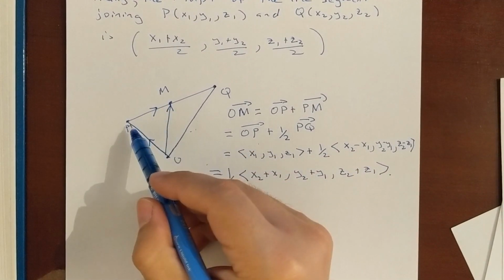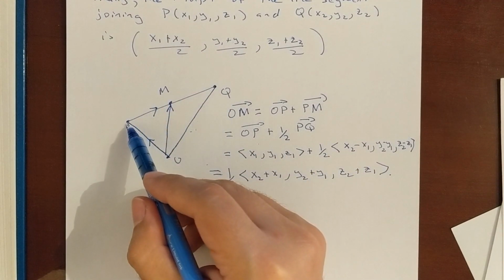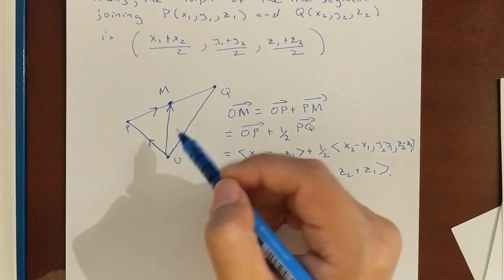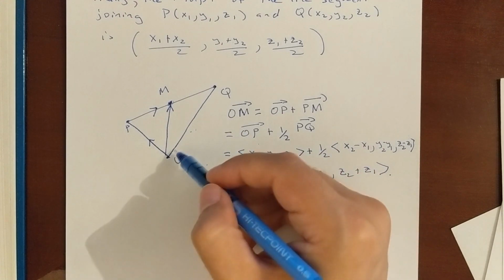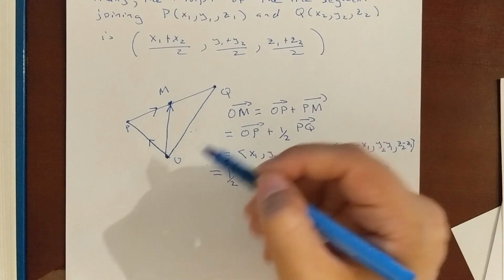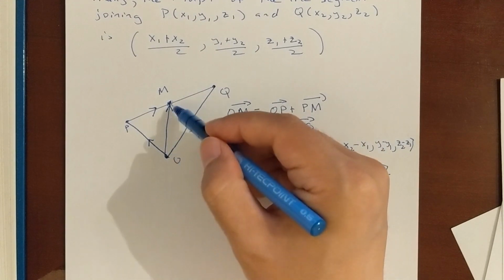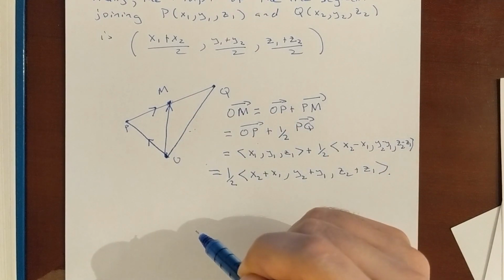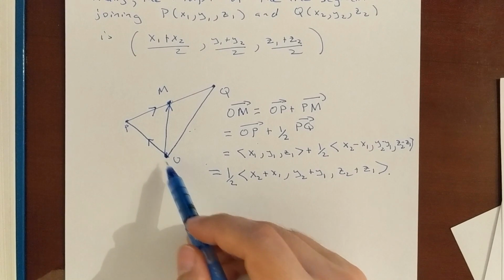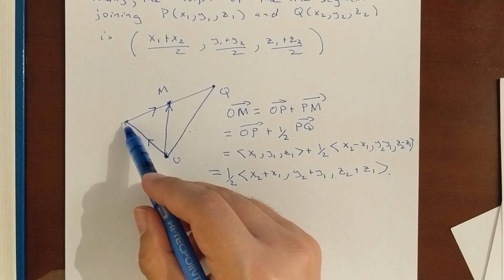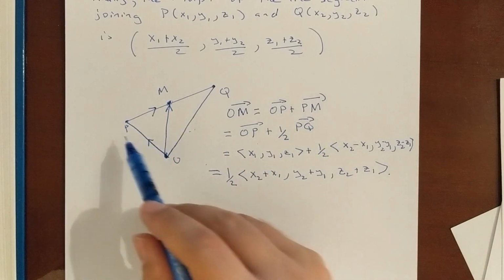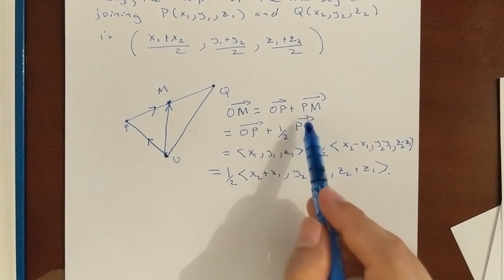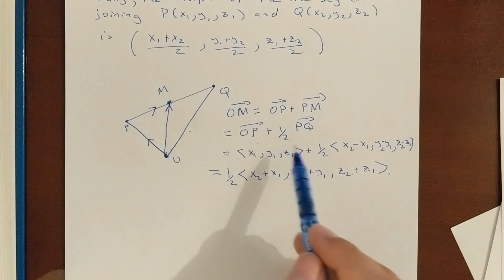So here I drew it for you guys. We have P and Q, so I want to find this midpoint M, okay? So, what do I know? If I look at the vector OM, that's going to start from the origin and end up at M. What is that equal to? That's equal to the vector OP plus PM. But since M is the midpoint, PM is the same thing as PQ divided by 2.